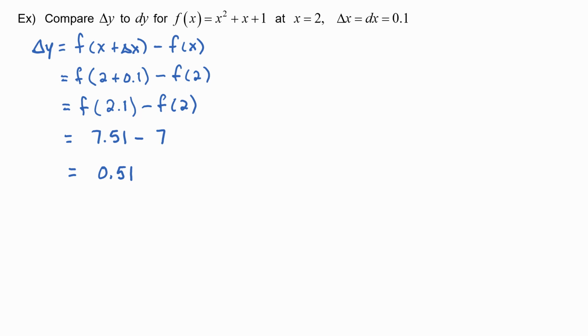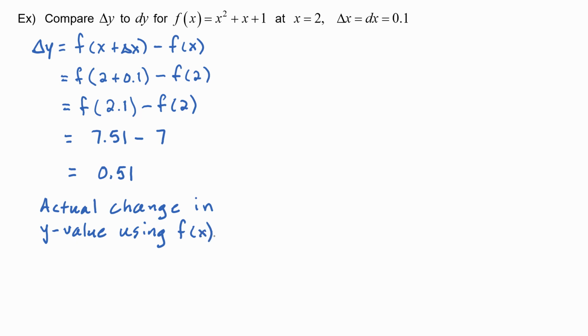Now remember that delta y is the actual change in the function value. So it's the actual change in the y value using f(x). All right, now what we're going to do is compare that to what we get when we calculate dy.